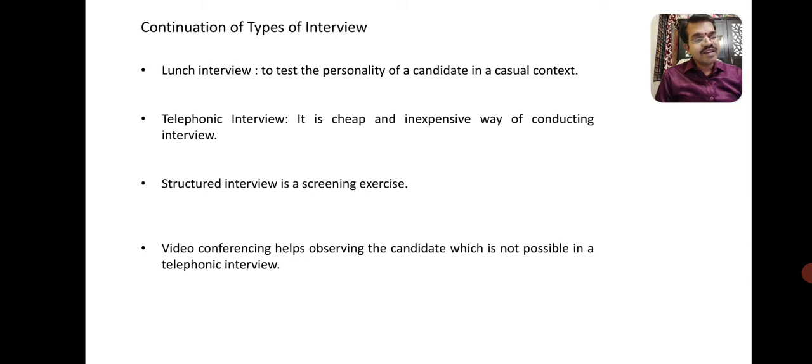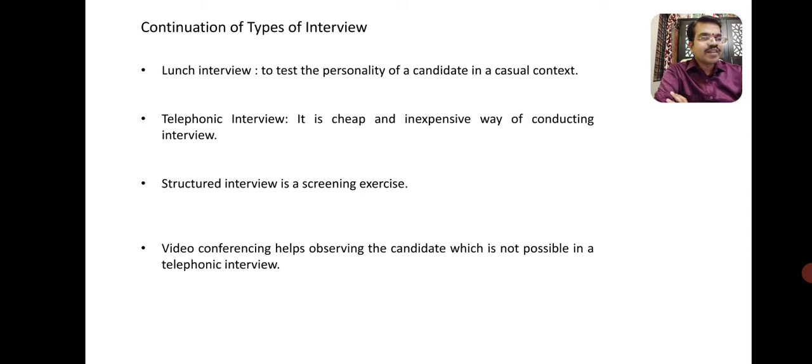And since there is a lack of the face to face element in the telephonic interview, probably my feeling is that the candidate will definitely feel a little less tense about the missing face to face or one to one interview, as is the norm that has been in practice for so long.